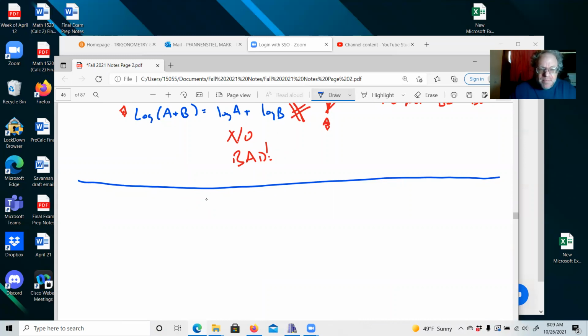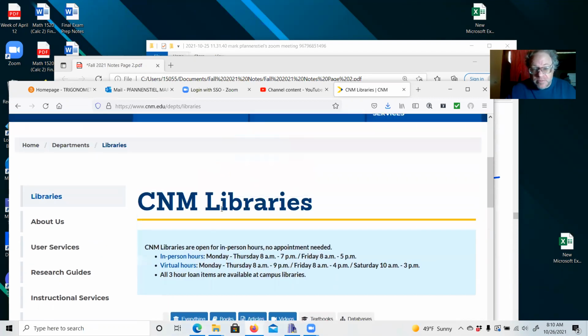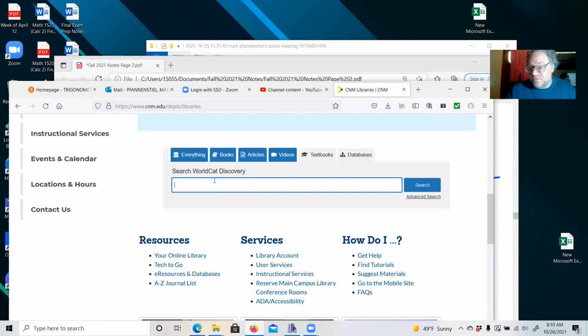Let me go ahead and pause so I can open up a different book here. One of the resources I would recommend using for trig identities is this really good book. All I did was go to the CNN webpage and search for libraries, and it took me to the first search page.